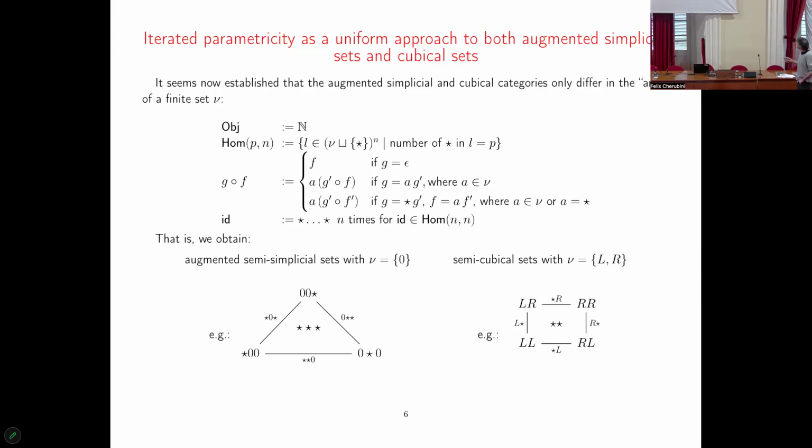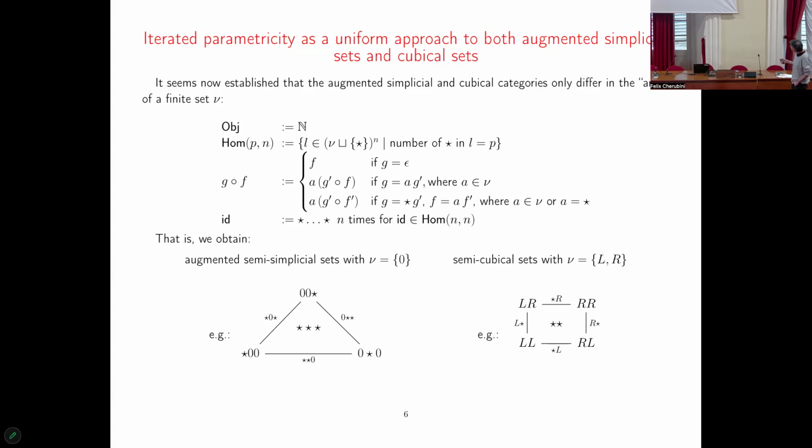Then I don't know how common it is to present semi-simplicial, augmented semi-simplicial sets and cubical sets the same way, just as words over an alphabet of n plus 1 letters. So you have an alphabet, and you define the morphisms as sequences of letters on this alphabet extended with an extra letter star.